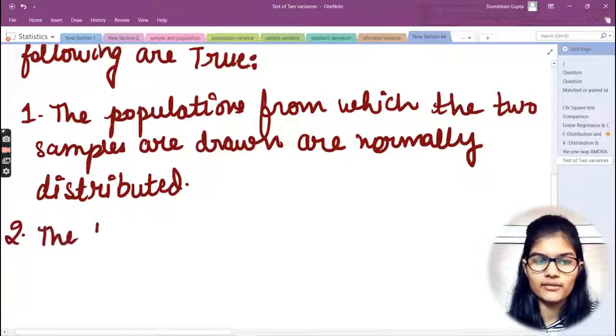So the point number 2, we have the two populations.